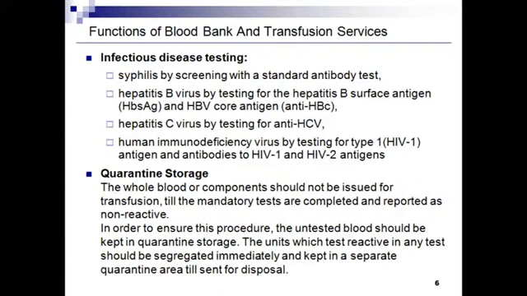In order to ensure this, the untested blood should be kept in quarantine storage. The units which test reactive, it means positive, on any test should be segregated immediately and kept separately from other portions in a separate quarantine area till sent for disposal. They should be destroyed as biohazard substances.